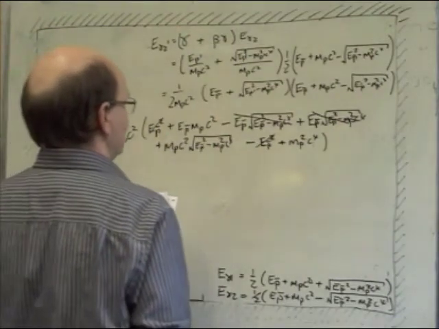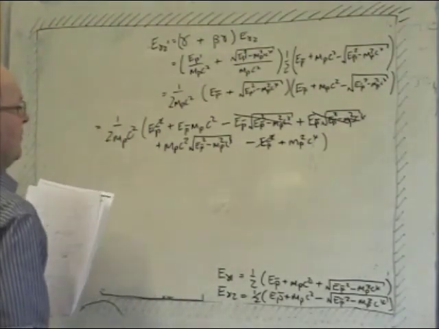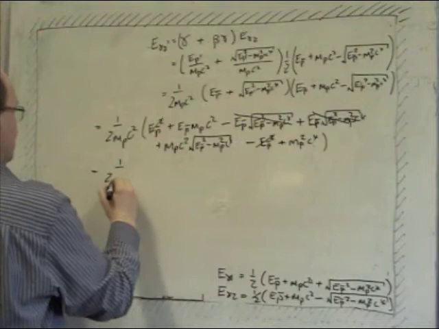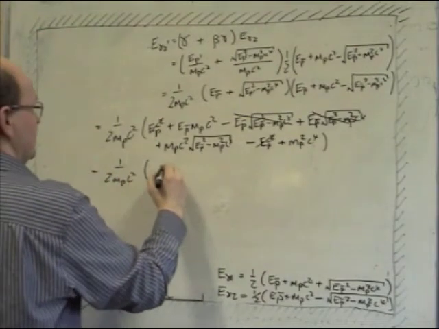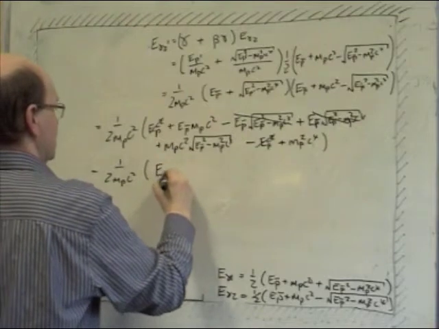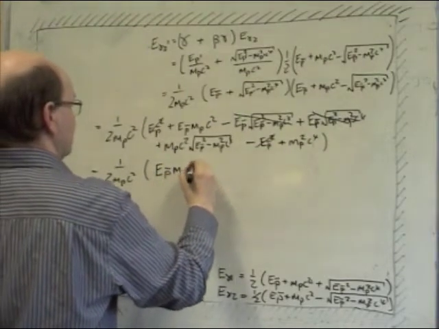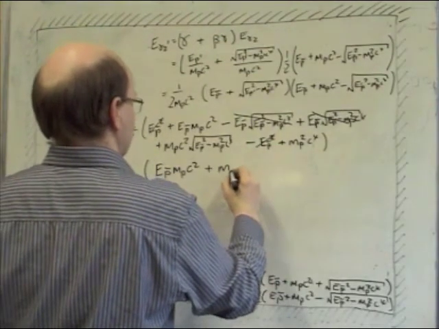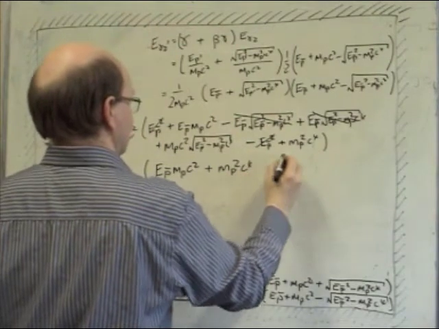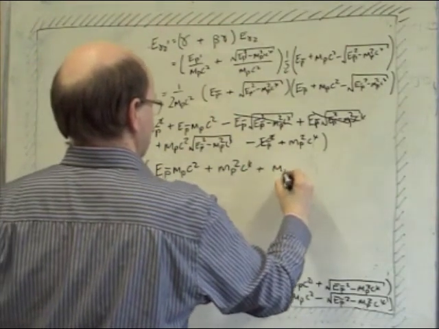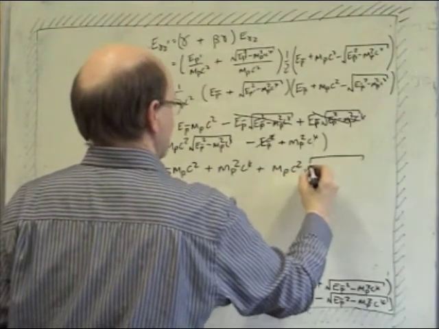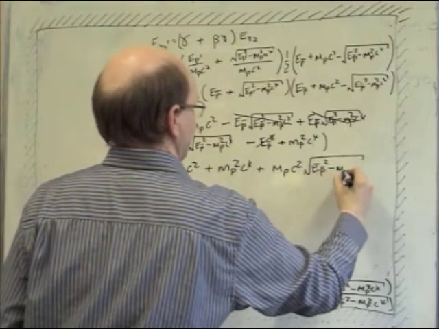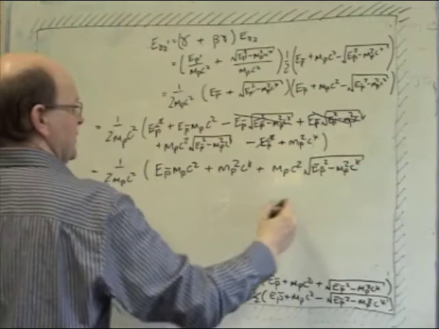So quite a lot of stuff goes away, and what you're left with is 1 over 2 mpc squared, and then we have EP bar mpc squared, that's left, and then plus mp squared c to the fourth, that's left, and then plus mpc squared square root of EP bar squared minus mp squared c to the fourth.